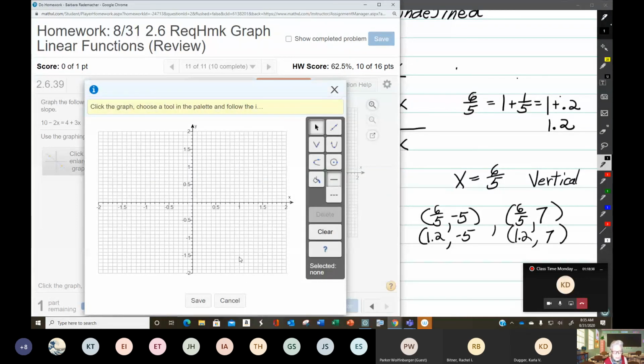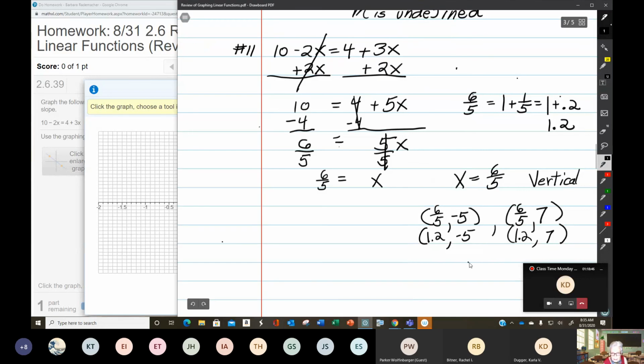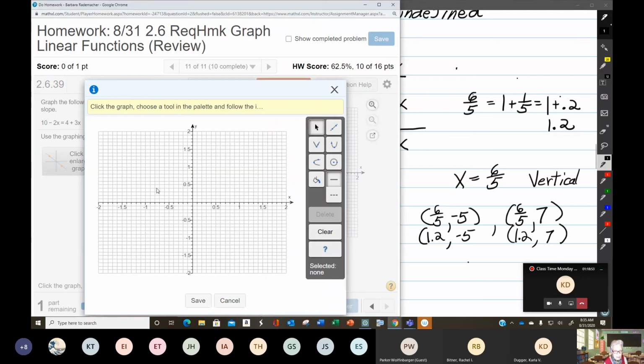So I go out to 1.2 positive. Yes. Okay. Is it positive? I don't trust myself now. Okay, x is 1.2. So here's 1. And then we've got 0.1, 0.2. So I'm going to click there.